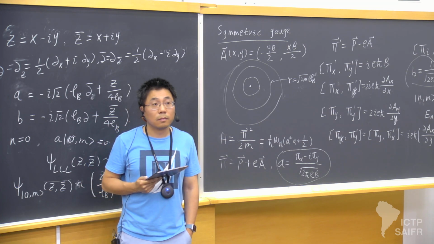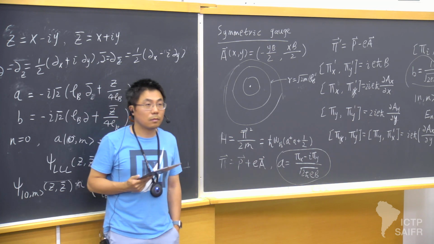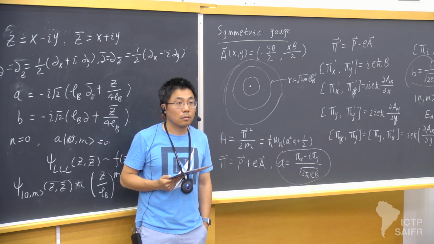And now we are trying to use the gauge symmetry to make a physical representation of the pseudo momentum operator.